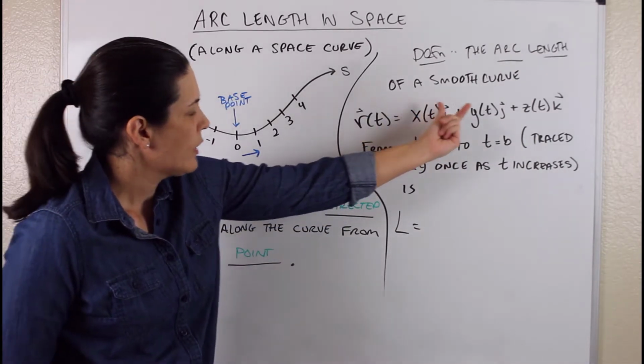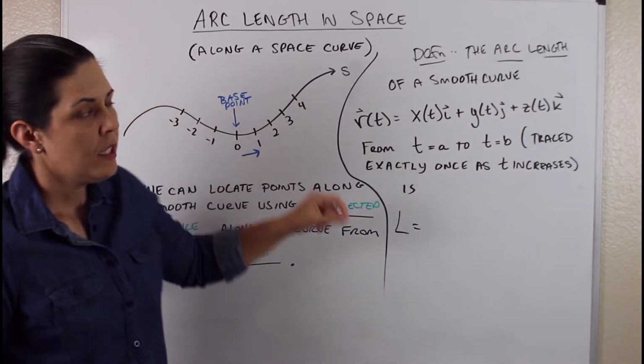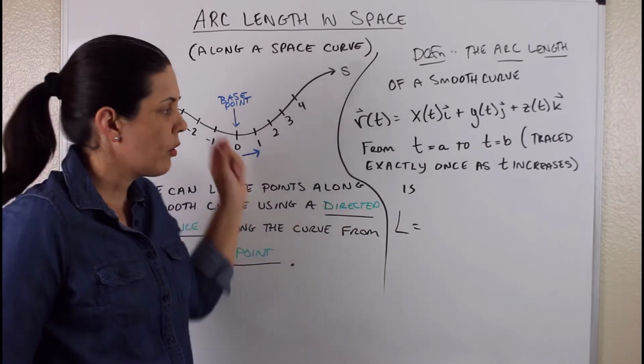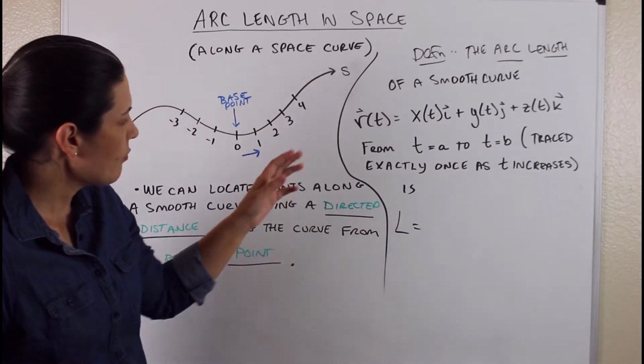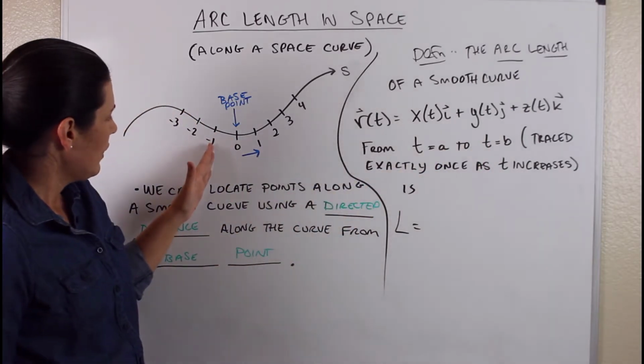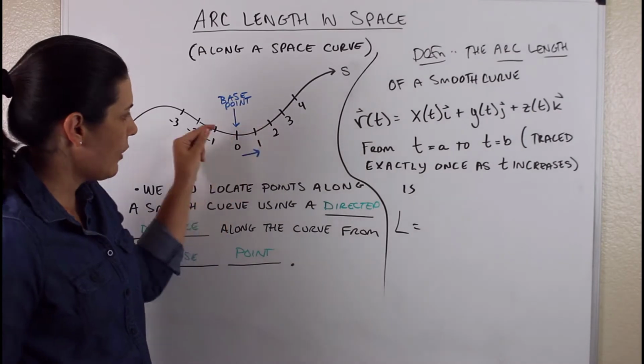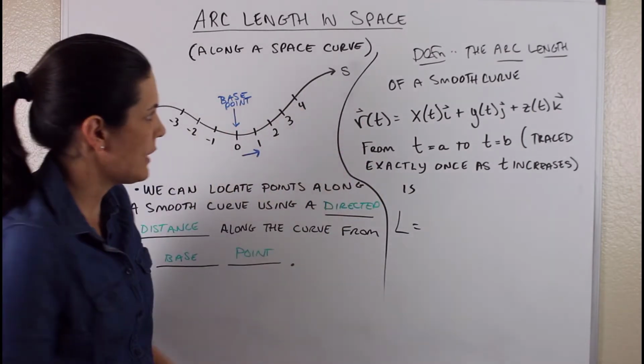So in the i direction, j direction, and k direction, you can plot each of your points in space and locate the curve that goes through those points. We're specifically saying from 2 numbers, between a and b, and you're only doing that path once.